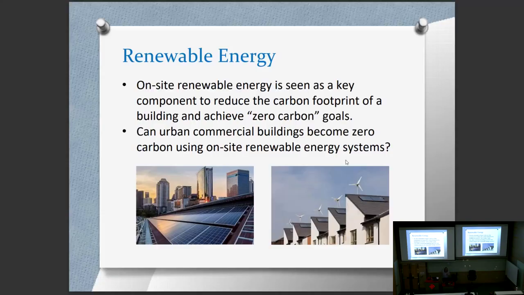So like PolyU, PolyU is located at the city center in Tsim Sha Tsui, and we consume a lot of electricity. So can we install PV panel on all the rooftop so as to achieve a zero carbon PolyU? Is it possible? So this is something we will discuss in the second half of the lecture.